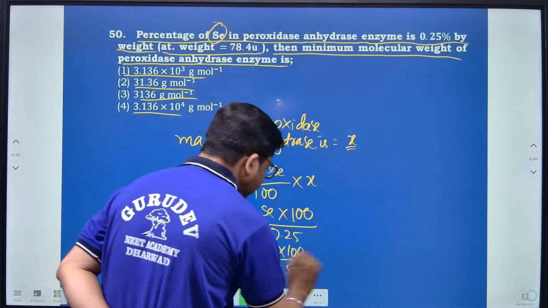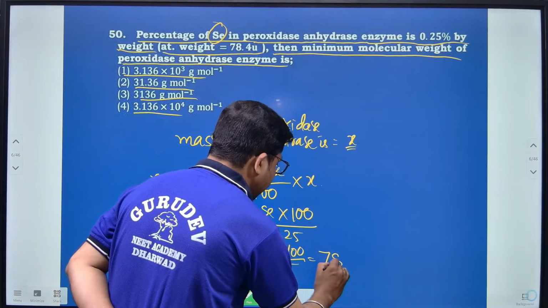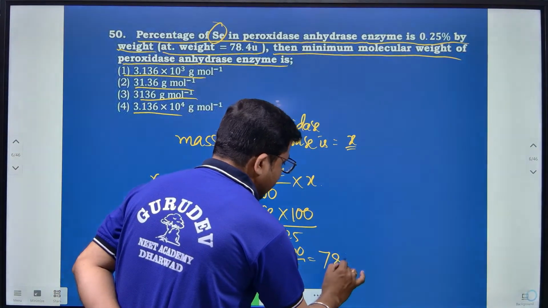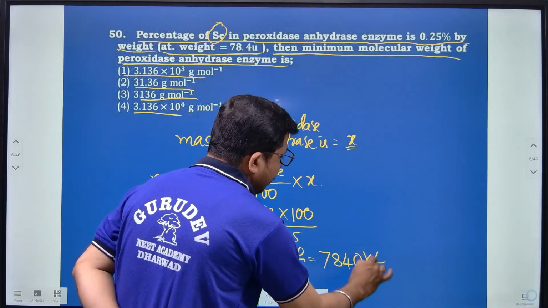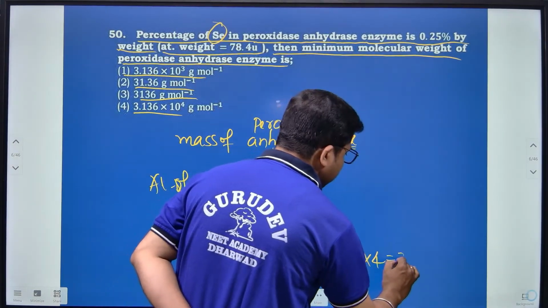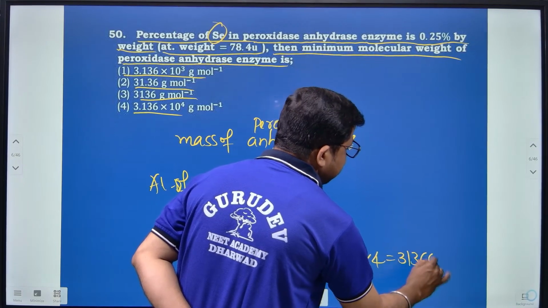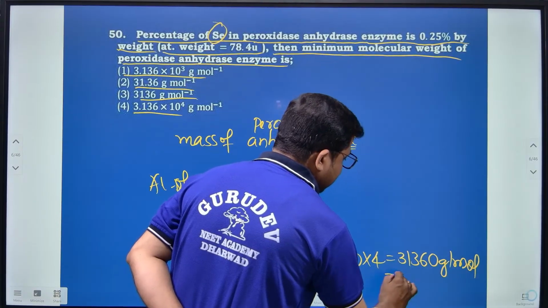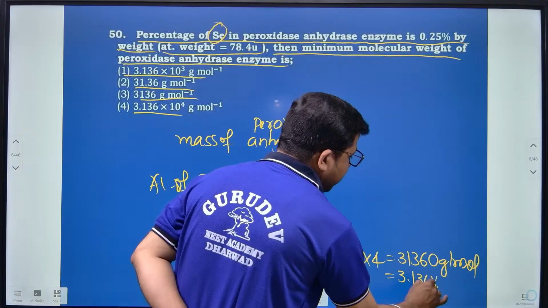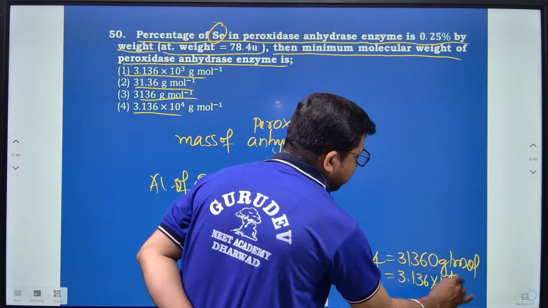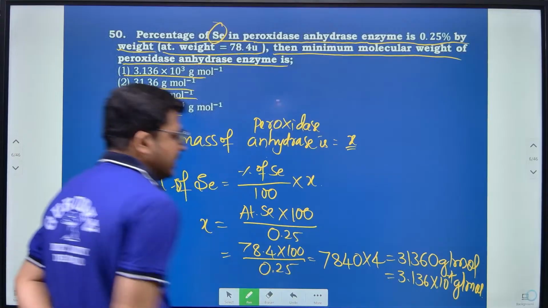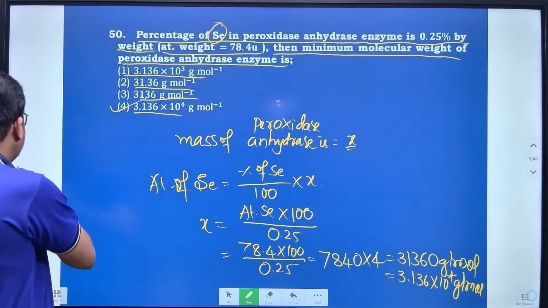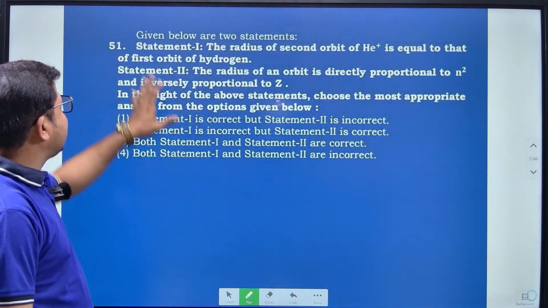It will be 7840 into 4. This becomes 31360 grams per mole, and 3.136 into 10 to the power 4 grams per mole is the answer. Therefore, the right option is option number 4. Yes, dear students, let's move to the next question, that is 51.